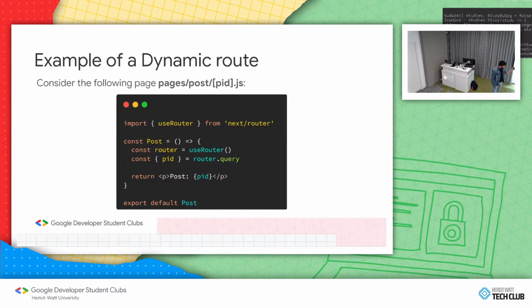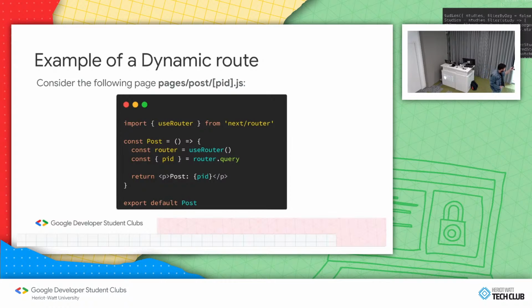So suppose you have a square bracket pid.js file inside the post directory, inside your pages directory. This is a basic example where we use useRouter, which is basically a hook that Next.js provides us by default. Now, a hook is basically a higher level component that you can use to get some value out. This is pre-implemented by Next.js, so we don't have to deal with actually checking the routes ourselves and figuring out anything.